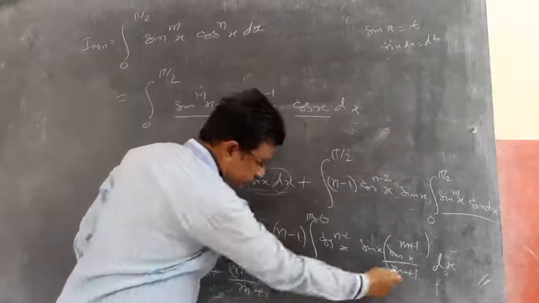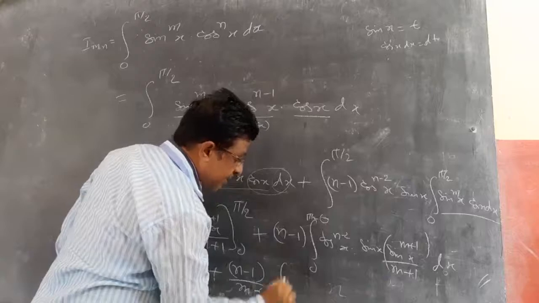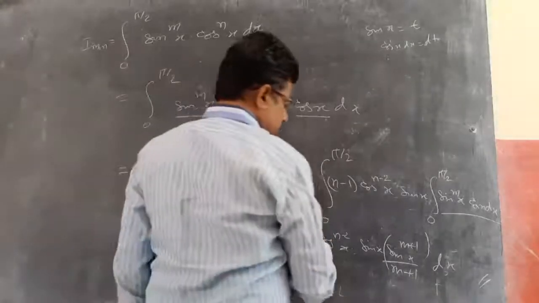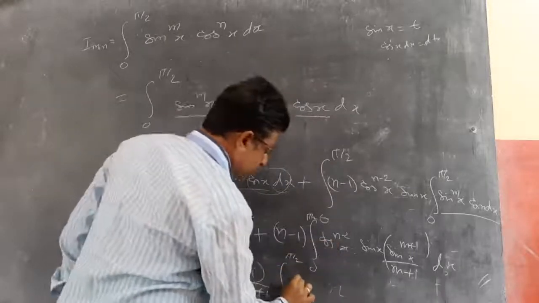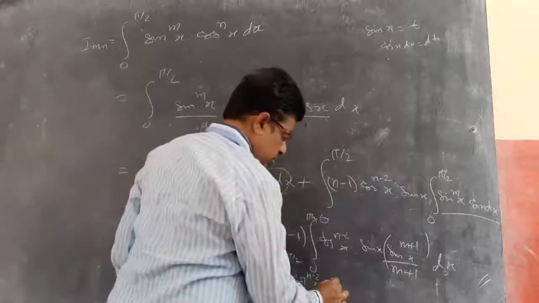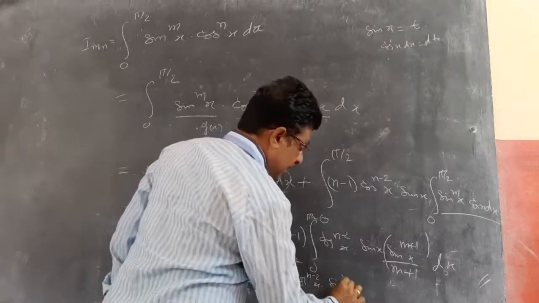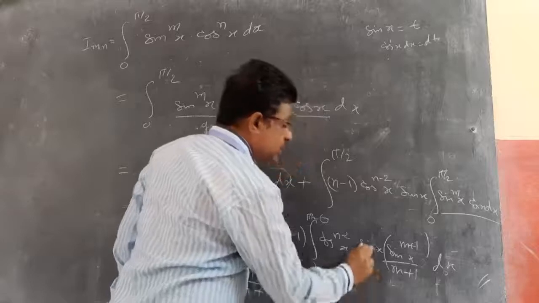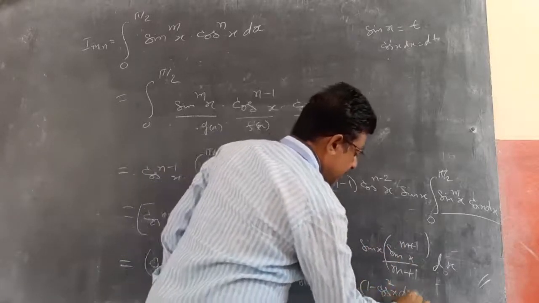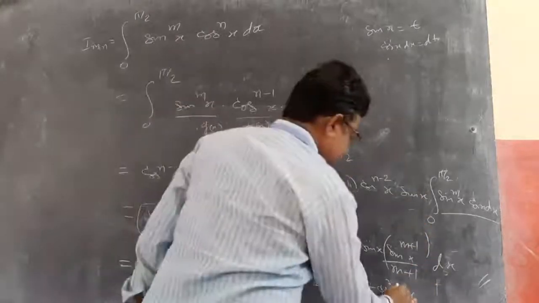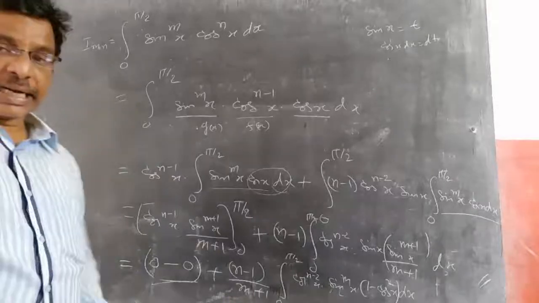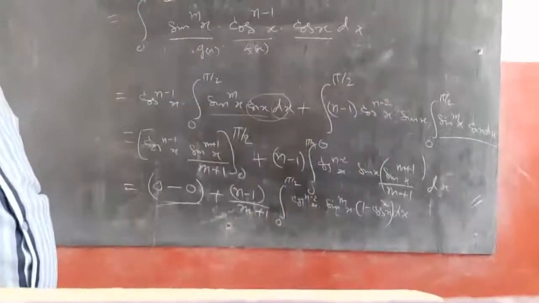And plus this part is (n-1) by (m+1), with this m+1 I am writing outside, the integral from 0 to pi by 2 of cos^(n-2) x into sin^m x into sin^2 x, which I will write as 1 minus cos^2 x, dx.